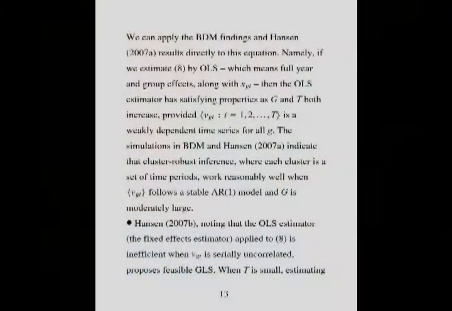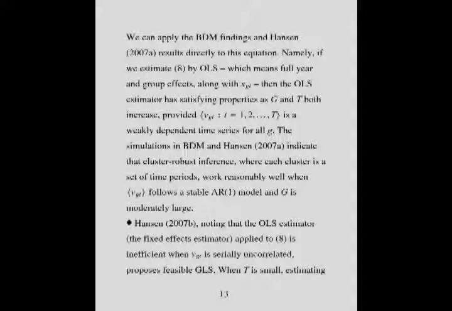And in fact, even if the errors are actually serially uncorrelated, but you use the so-called fixed effects residuals to try to estimate that correlation, it's on the order of 1 over the number of time periods. So even though the underlying errors are serially uncorrelated, essentially it's that within transformation that induces serial correlation in them.